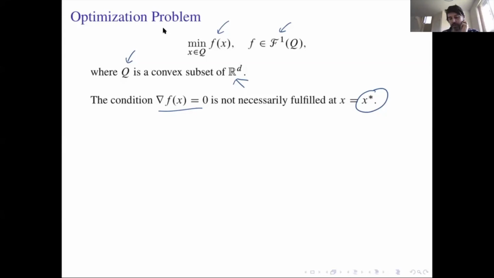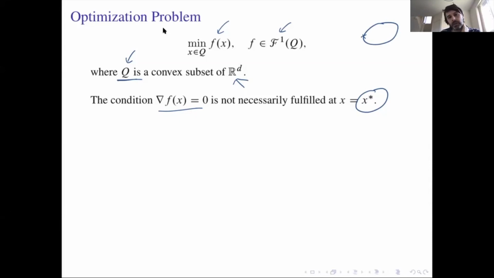And the answer for that is, if you think a second, I guess there's not too many quantities that can make problems. The answer is here, so set Q. So we have a constraint on the optimization problem. So the solution of the optimization problem might lie, if you like, on the boundary of a convex set. So if you say we have a convex set, it might lie here.